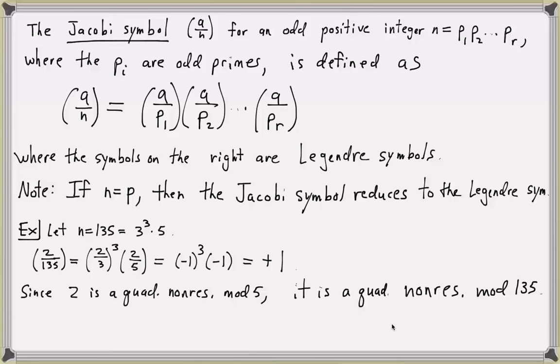So the fact that the Jacobi symbol has value 1 does not imply that 2 is a quadratic residue mod 135.